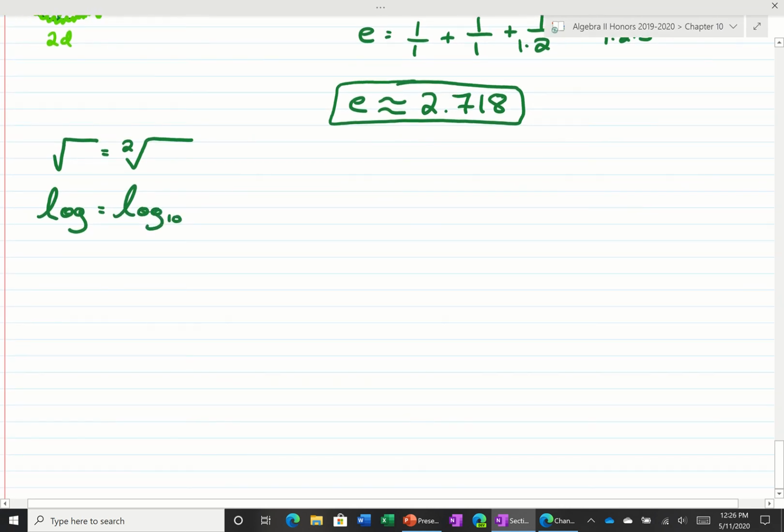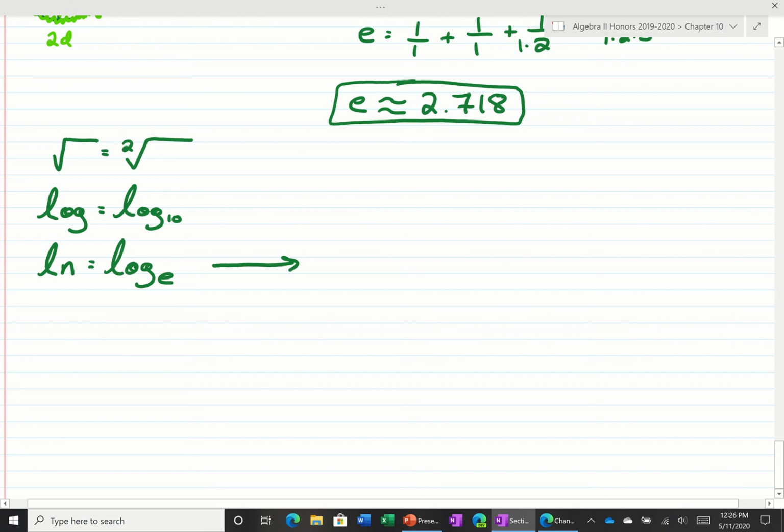On your calculator, by e, you could see that there's an ln button. ln button really means log base e. ln is Latin for logarithmic natural, which doesn't really matter. Whenever we see e, we could use ln.